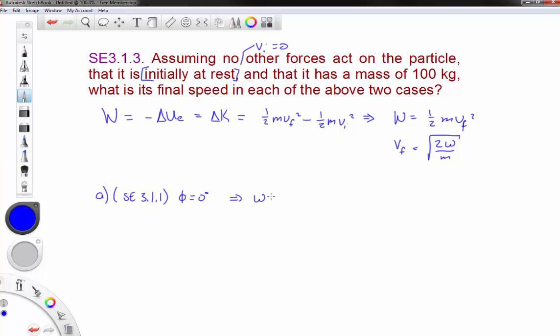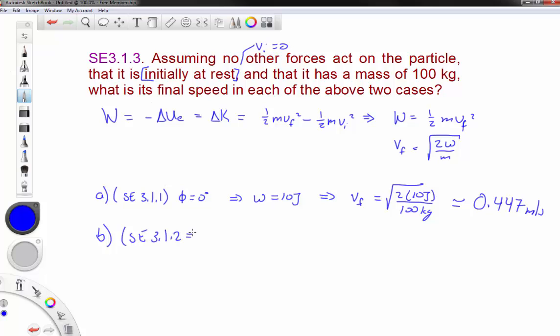In this case, work was 10 joules, and so the final speed is going to be the square root of 2 times the work done, which was 10 joules, divided by the mass, which was 100 kilograms. So this gives us an approximate final speed of 0.4472, so 0.447 meters per second.